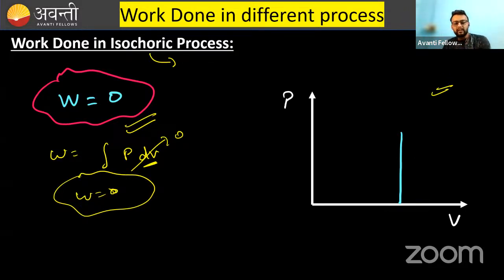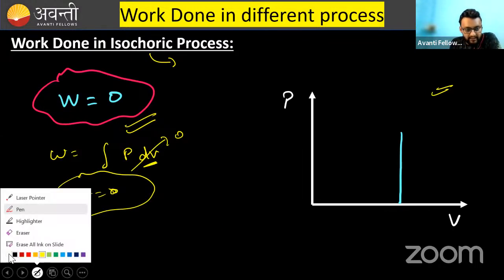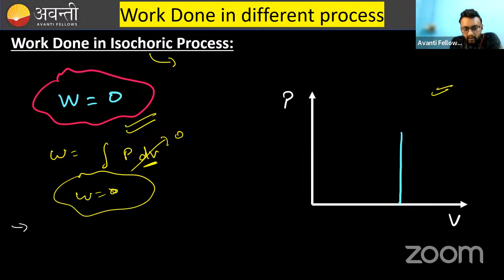One more thing that you can think of, that's again a very important thing. I will write it here. Generally, the ideal gas equation, I think many of you know, is PV equals nRT. Clear?